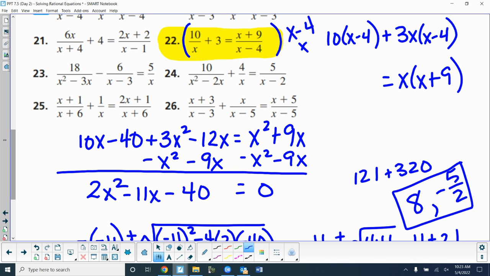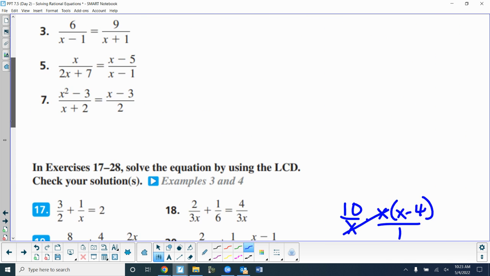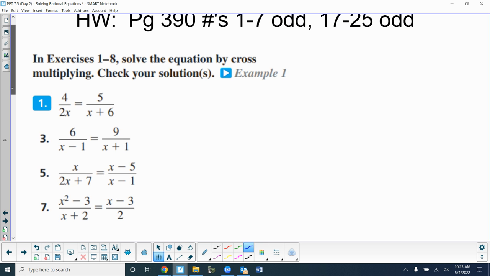All right. So answers to homework. Number 1, that's a fraction equal to a fraction. We call that a proportion. What did we say yesterday we were going to do with those? Cross multiply, yes.